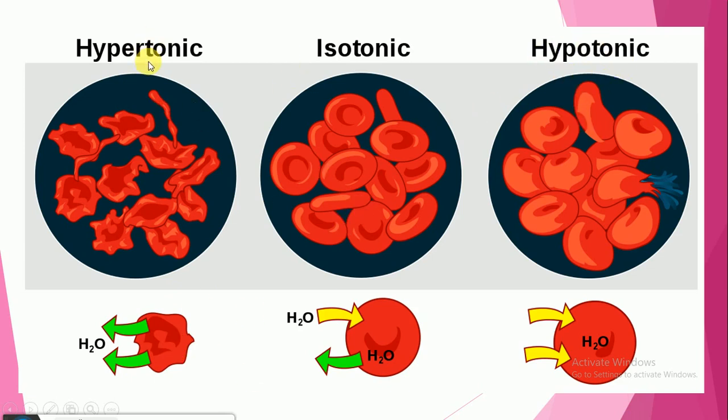As we have discussed, if the solution becomes hypertonic, plasmolysis will occur and the water molecules will be lost. And in the hypotonic solution, look here, the water molecules penetrate inside the red blood cell.